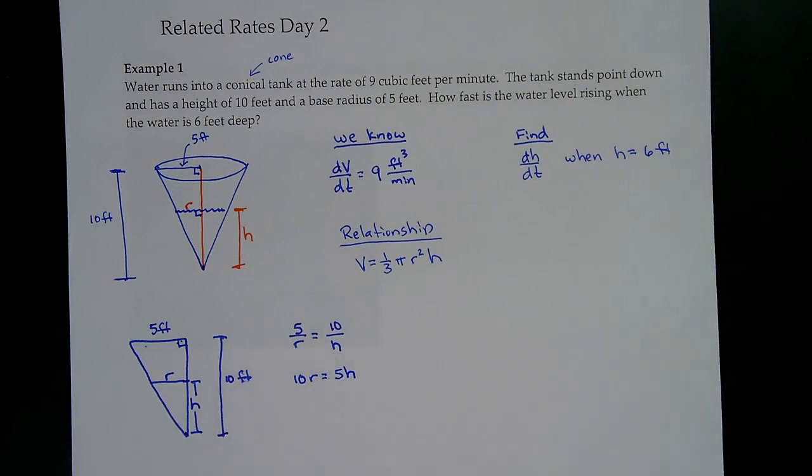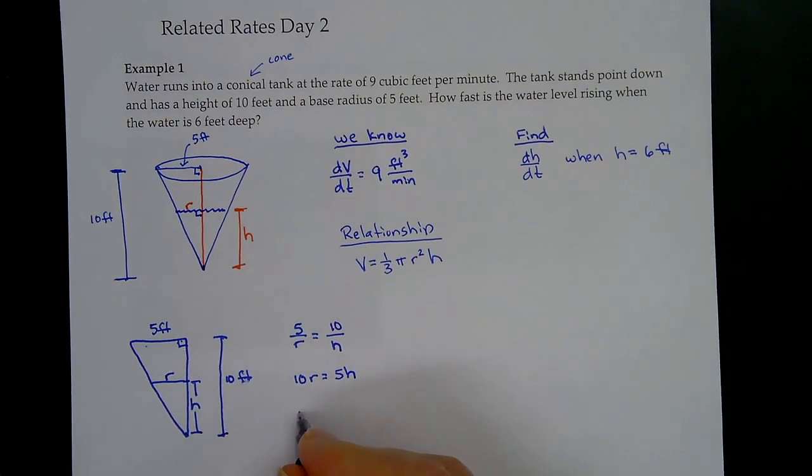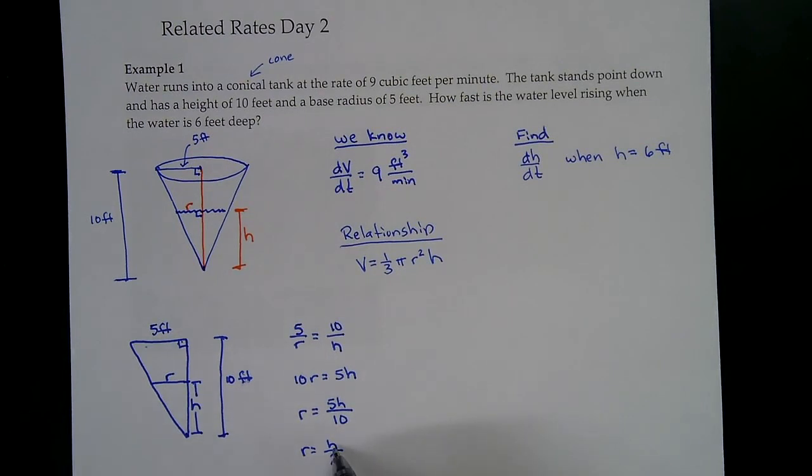And we want to replace r. So what we want to do is solve this for r. So I'm going to divide both sides by 10. And I get r is equal to 5h over 10, which means r is equal to h over 2, because we can reduce that. So what this is telling us is that the radius is always going to be the height divided by 2.